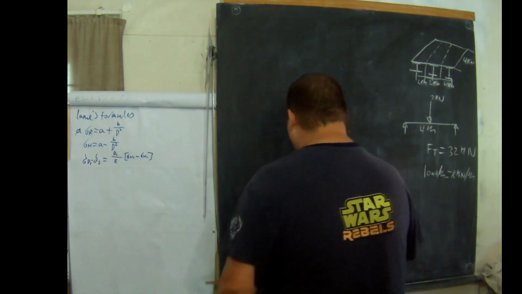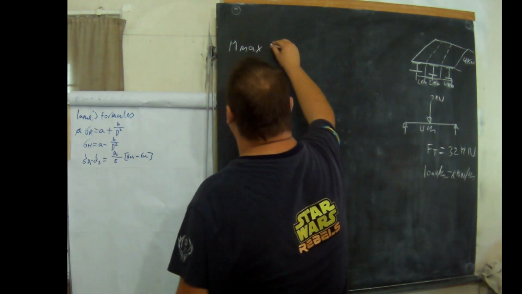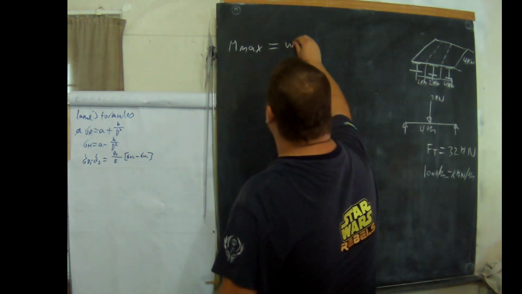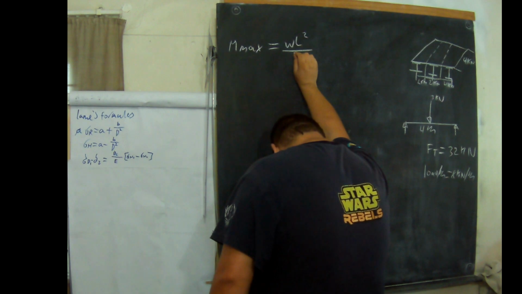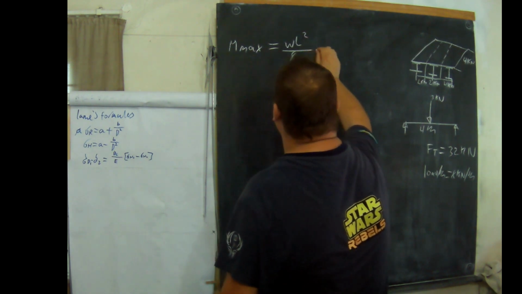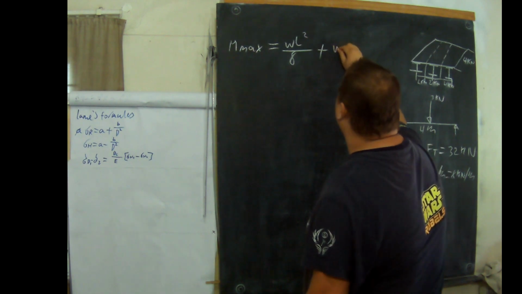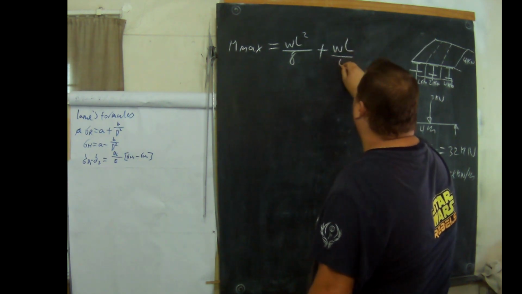M max is equal to WL squared over 8 plus WL over 4.